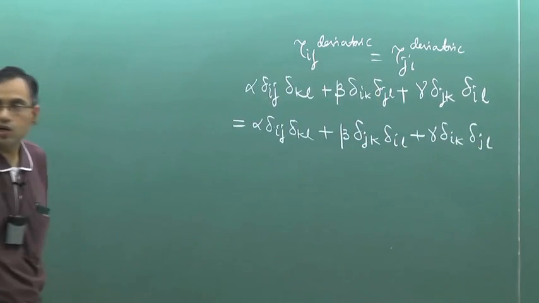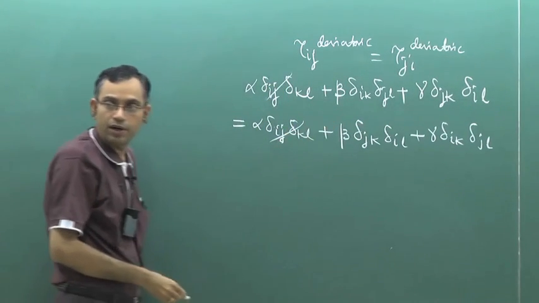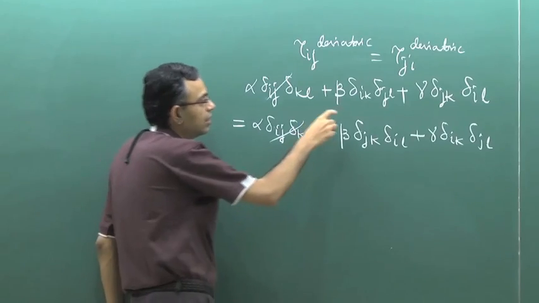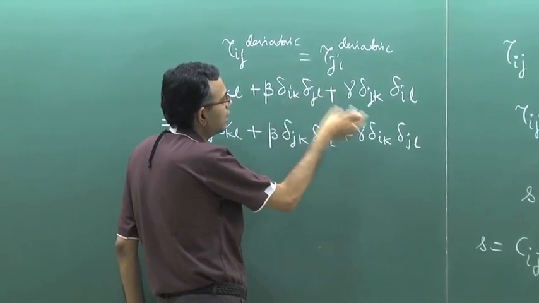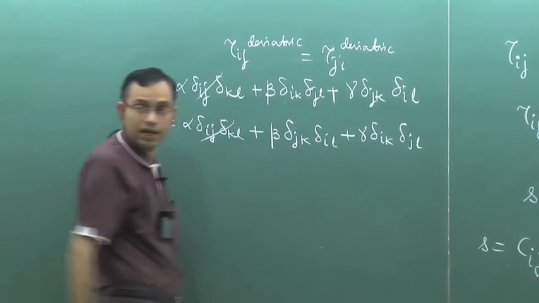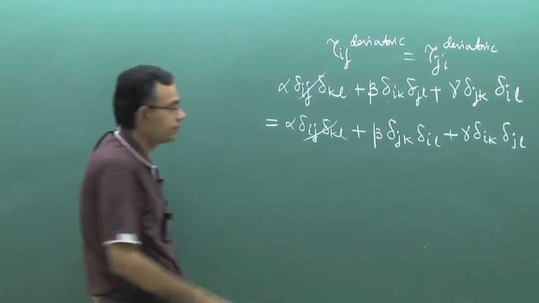From here what can we conclude? We can conclude that beta is equal to gamma, right. You can see that it will be beta minus gamma into delta ik delta jl minus delta jk delta il equal to 0. So that means you have beta is equal to gamma.